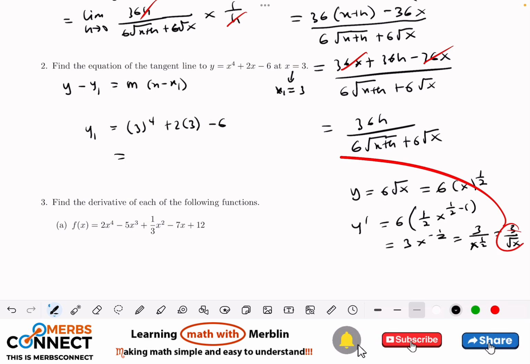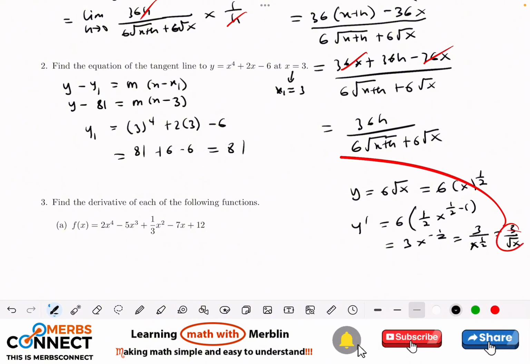So what is 3 to the power 4? 81, right? Plus 6 minus 6, which will be 81. So y1 is 81, x1 is what? 3. So I can write this one as y minus 81 is equal to m times x minus 3.